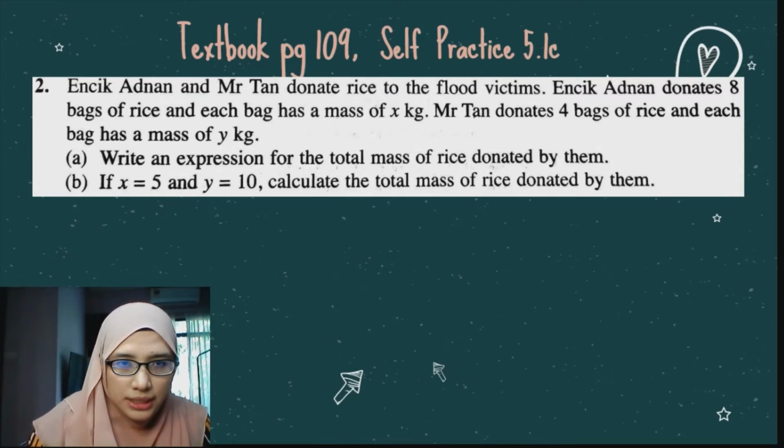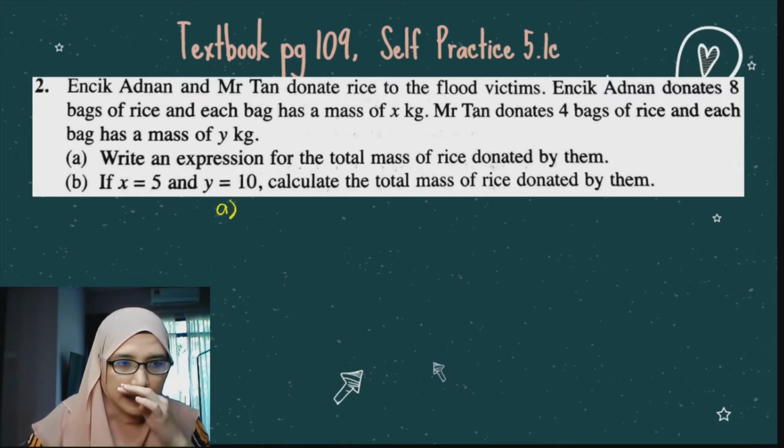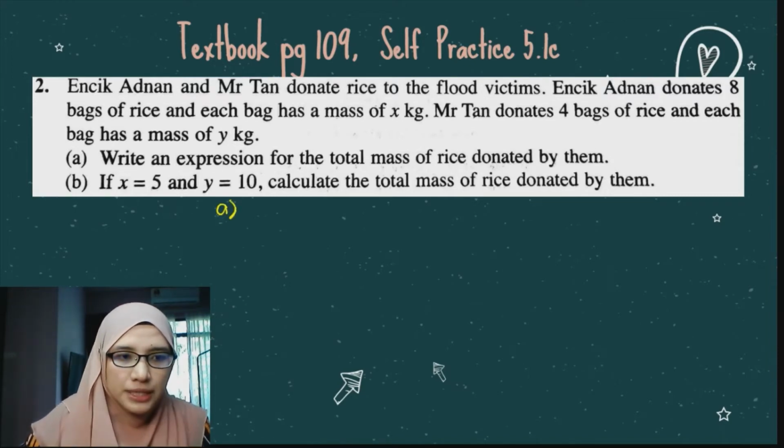Calculate the total mass. So this one, you need to write the expression first, the algebraic expression. So we need to identify what the algebraic expression is. Here we have Encik Adnan and Mr. Tan. Encik Adnan donates 8 bags of rice and each bag has a mass of X kilogram.